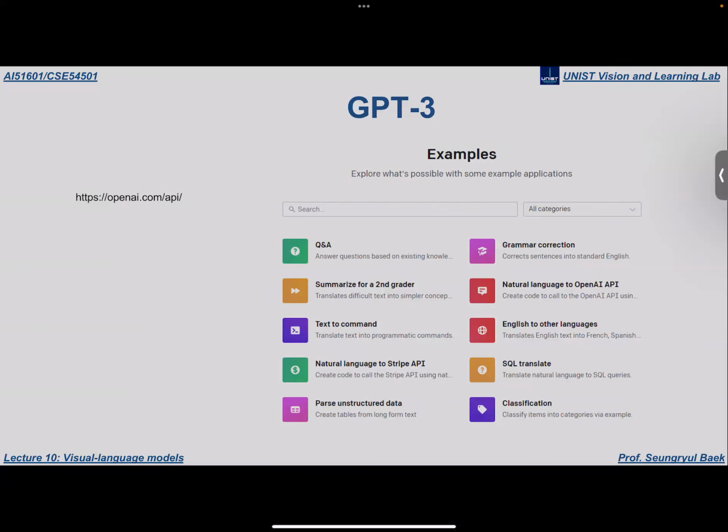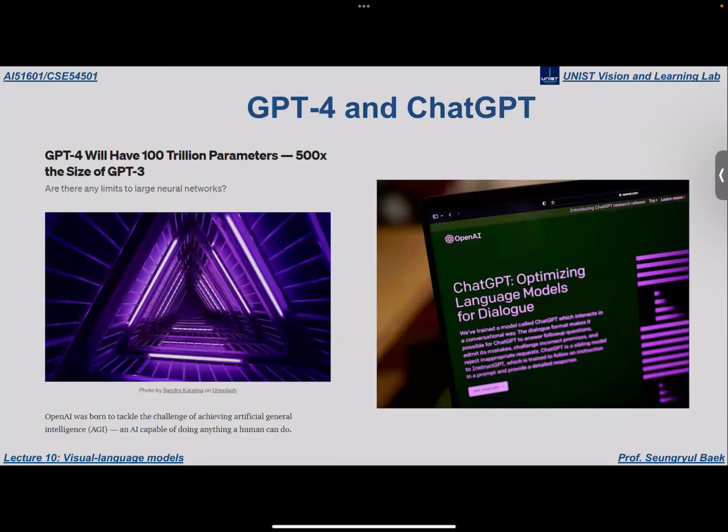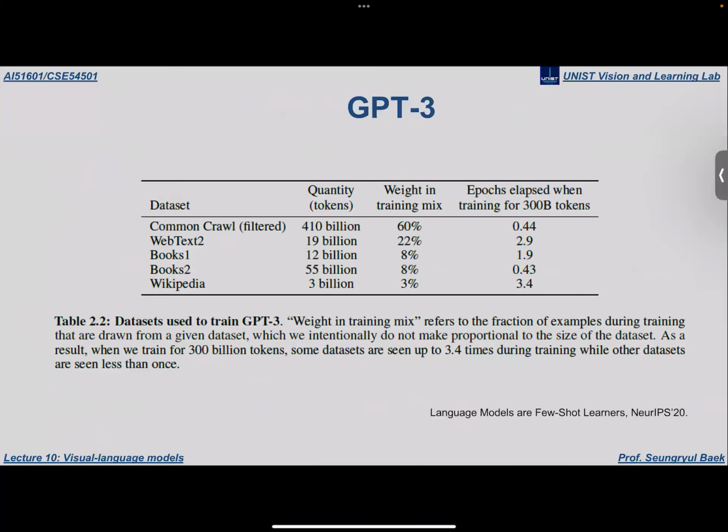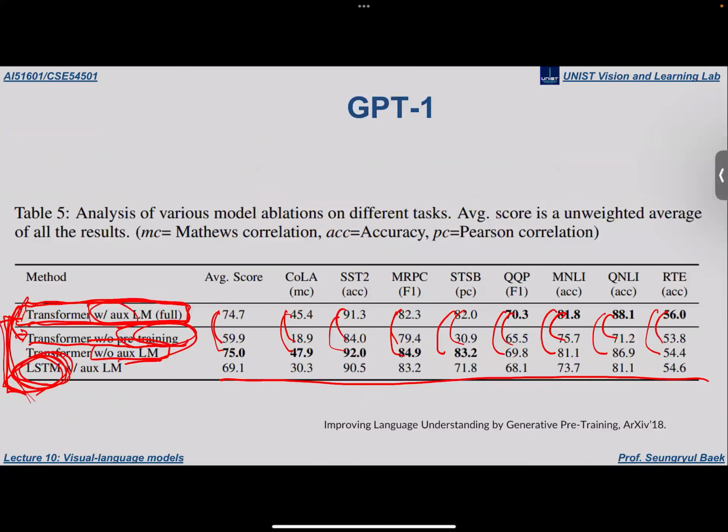Okay, so if you go here, then you can test GPT-3. And we also have GPT-4 actually, and if we fine-tune the GPT architecture on a chat data set, we can obtain ChatGPT, okay? That's the thing we are using nowadays, okay? So this is the brief introduction of the language models, okay?